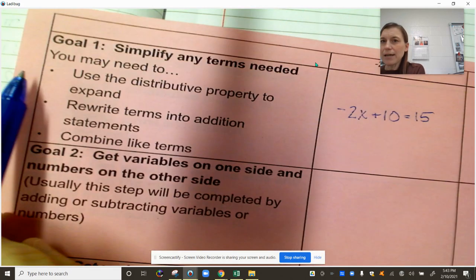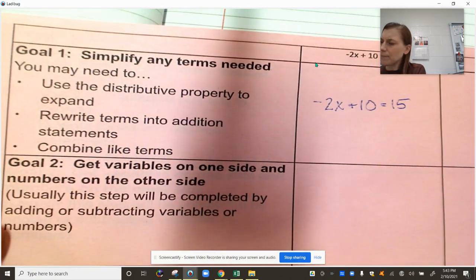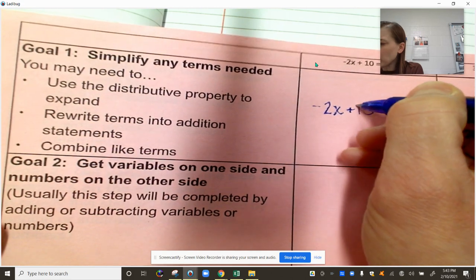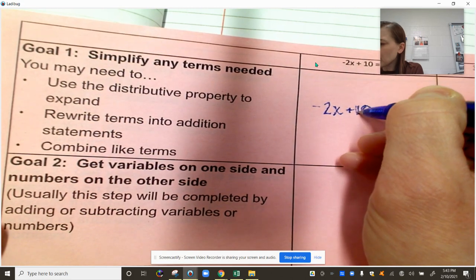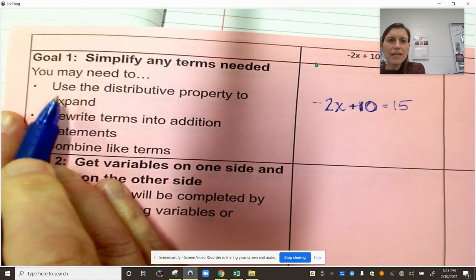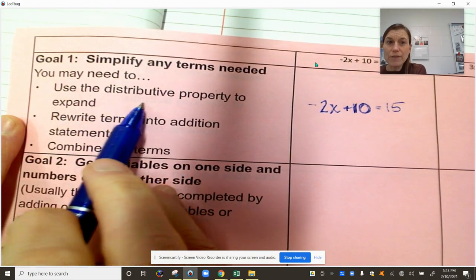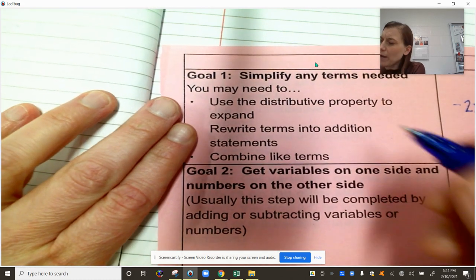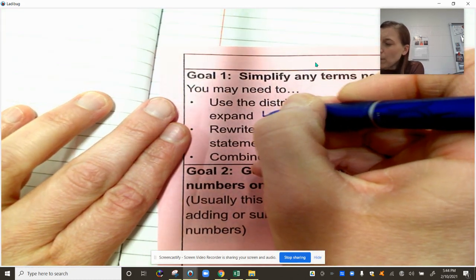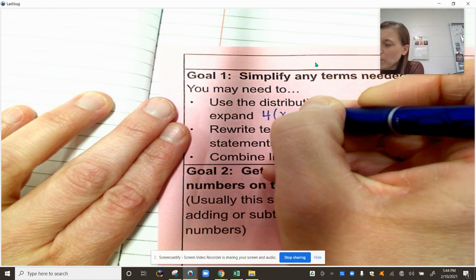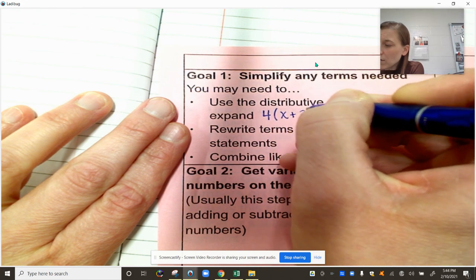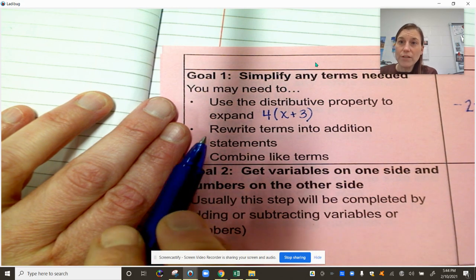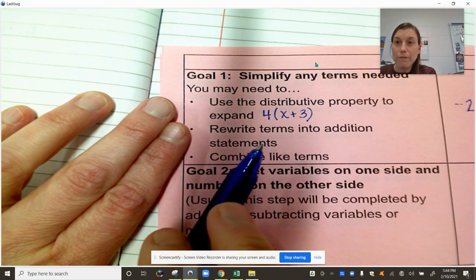It says simplify any terms needed. As I look at these terms, I'm looking to see if I need to simplify them. I'm looking for certain possibilities, like is there a need for the distributive property? There's a need for the distributive property whenever you have a number on the outside of parentheses. Whenever you see that, you need to do the distributive property first.